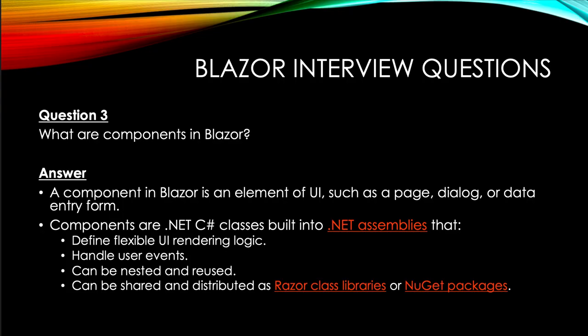They are like C# classes built into .NET assemblies that can be reused, where we can implement user event handling, they can be used as nested components, and they can be shared and distributed as Razor class libraries or as NuGet packages.